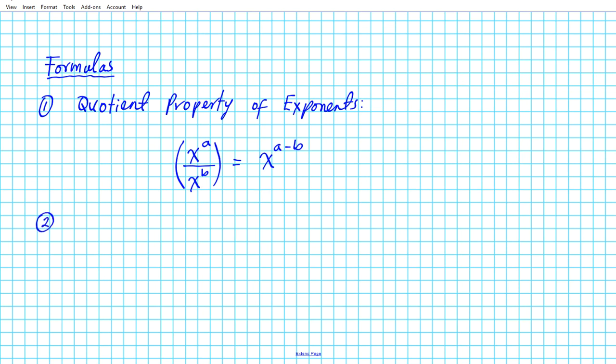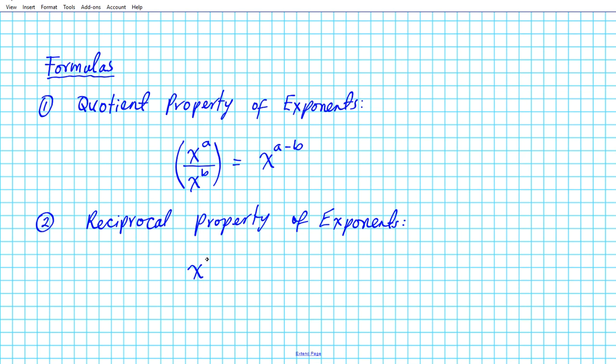And then the second property might occur in the process of using this quotient property, and this is the reciprocal property of exponents. The reciprocal property of exponents basically applies to scenarios where you have a negative exponent.